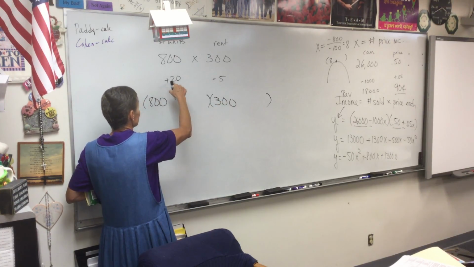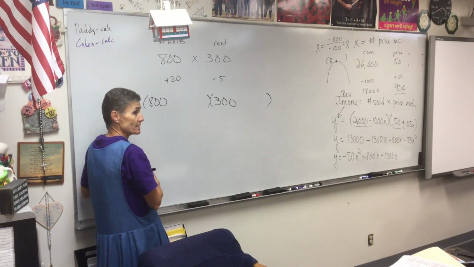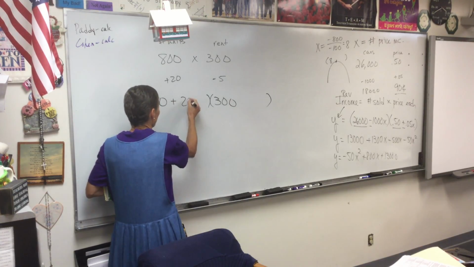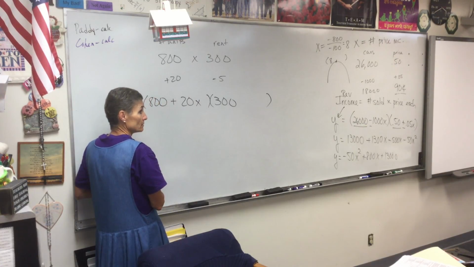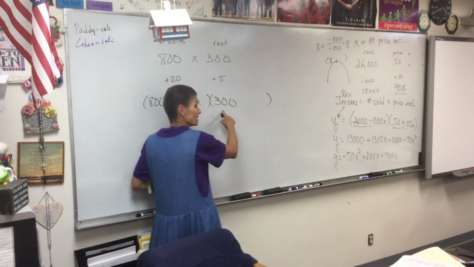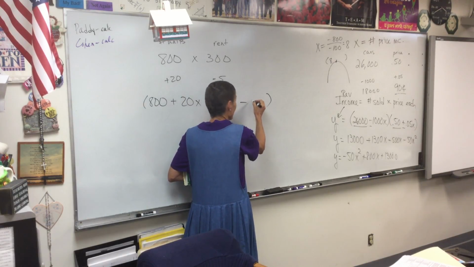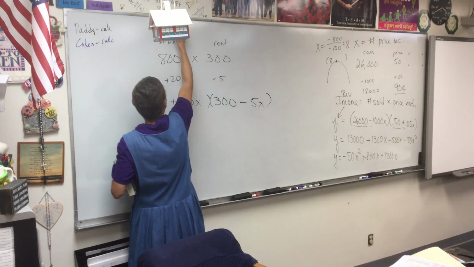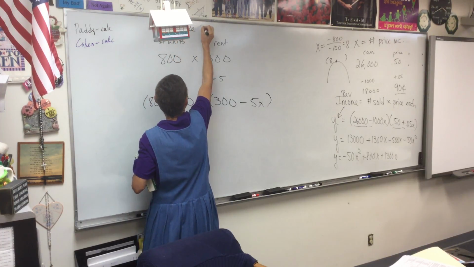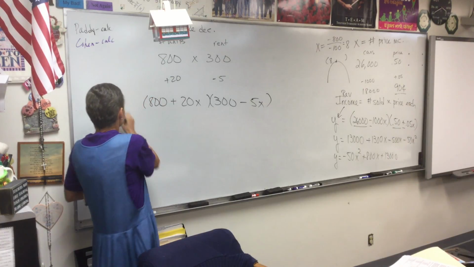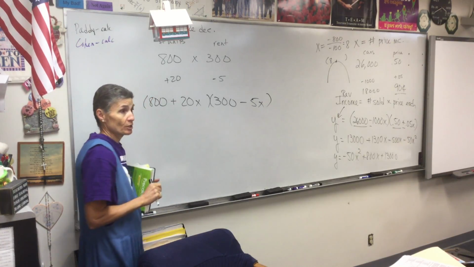What's happening to the number of units I'm renting? Going up by 20s. And what's happening to my price? Going down by 5s, where x is the number of price changes, price decreases this time. So this is your equation.